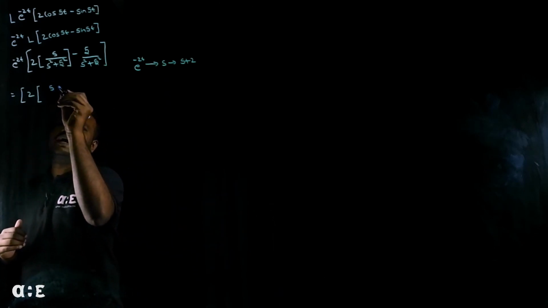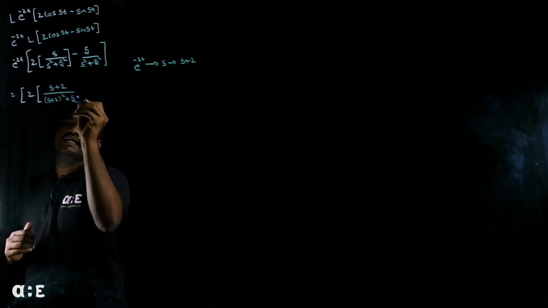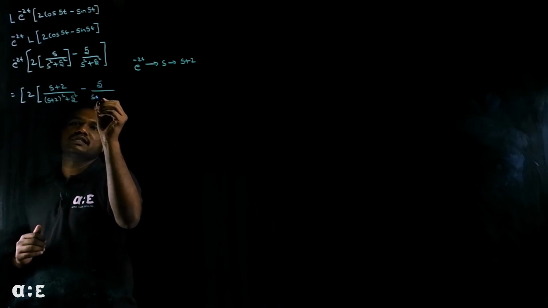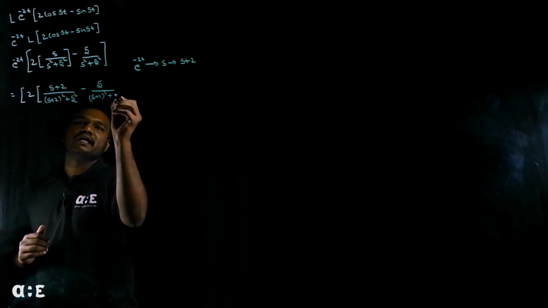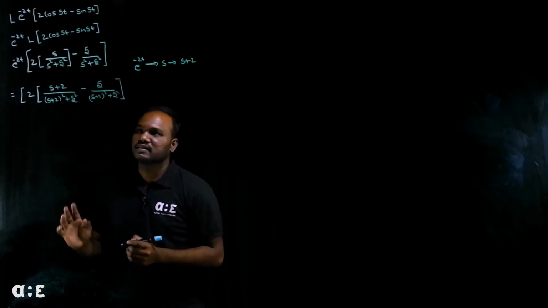So s plus 2 over s plus 2 whole square plus π square, minus π over s plus 2 whole square plus π square. This is the final answer.